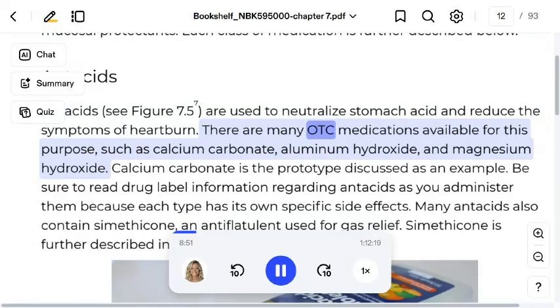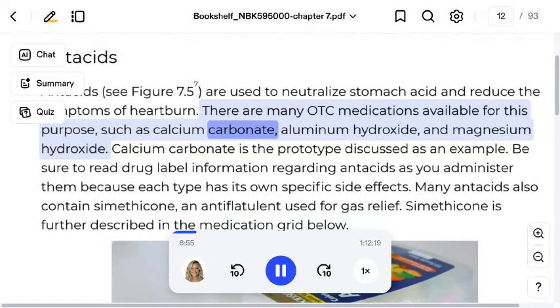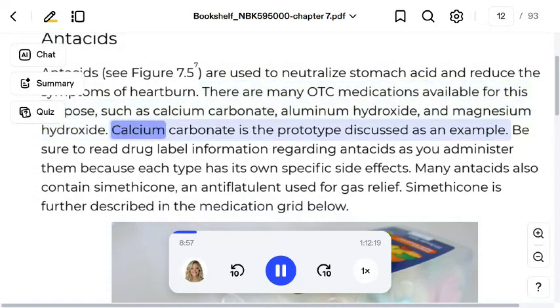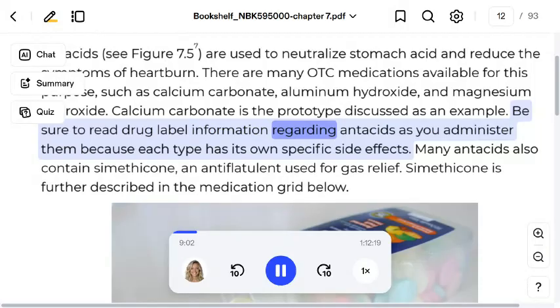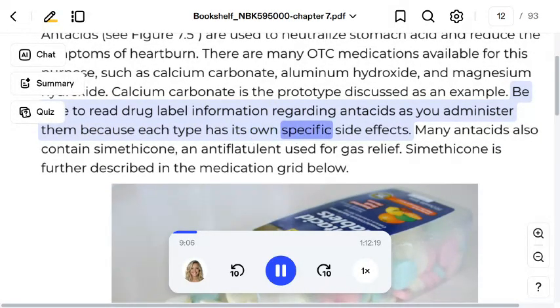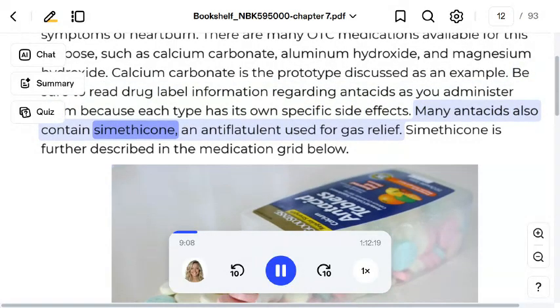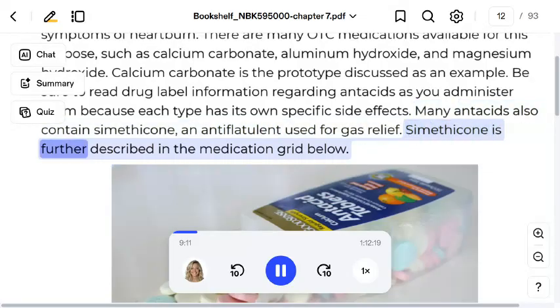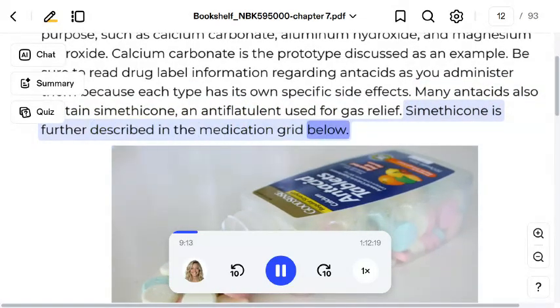There are many OTC medications available for this purpose, such as calcium carbonate, aluminum hydroxide, and magnesium hydroxide. Calcium carbonate is the prototype discussed as an example. Be sure to read drug label information regarding antacids as you administer them, because each type has its own specific side effects. Many antacids also contain simethicone, an antiflatulent used for gas relief. Simethicone is further described in the medication grid below.